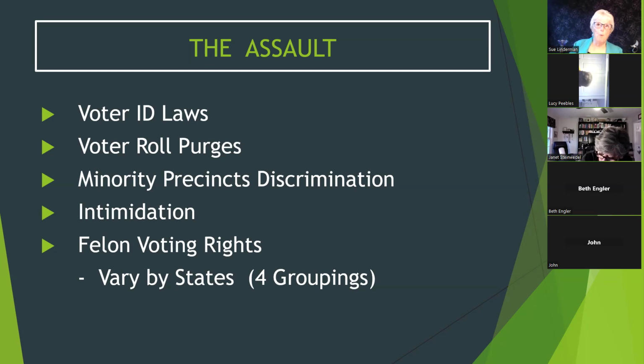They have polling places in prisons, and you can vote while you are incarcerated. In 14 states and the District of Columbia, you lose your right to vote while you're incarcerated, but the minute you're released, you are able to vote again. And so it's a pretty clear line of demarcation. You're incarcerated, you can't vote.